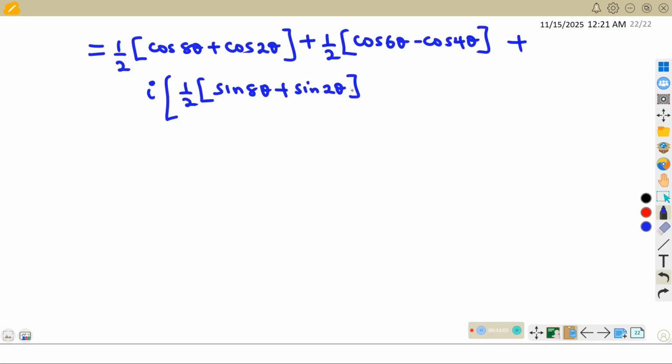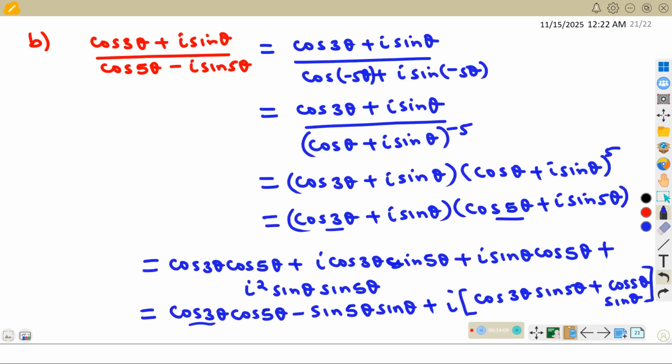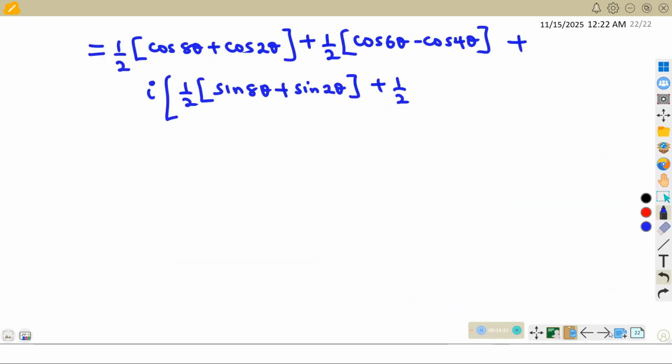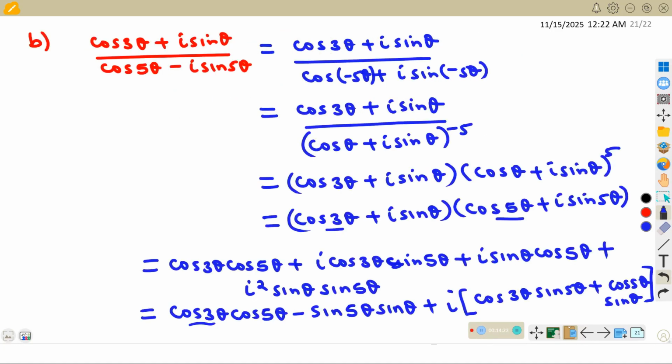So next we shall have a plus a half. So next we are having cos 5 theta sine of theta. Cos 5 theta sine of theta, cos is bigger, so that will be a sine. So we are having cos 5 theta, so that is 5 plus this, that is 6, that is 4.